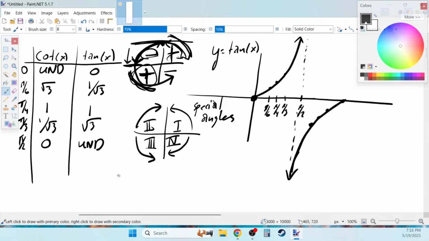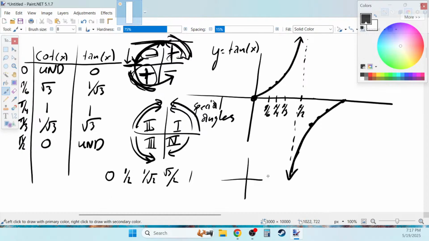So for sine, our special angles go 0, 1/2, 1 over square root 2, square root 3 over 2, 1 in the first quadrant. And then in the second quadrant, they're going to hit in reverse order. In the third quadrant, they're going to hit in the same order as the first time, but they're all going to be negative.